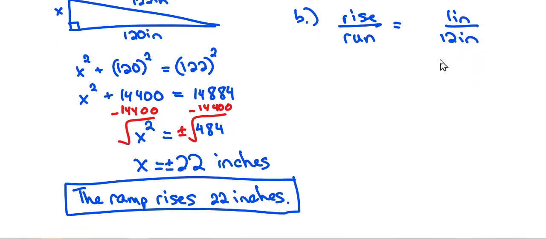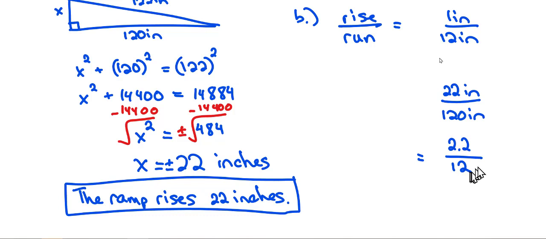Let's see here. My run is 120 inches, right? My rise is 22 inches. Well, those are both divisible by 2. Well, you know what I'm going to do? This is going to be a little strange because I don't like decimals inside fractions, but I like to have a similar denominator here.